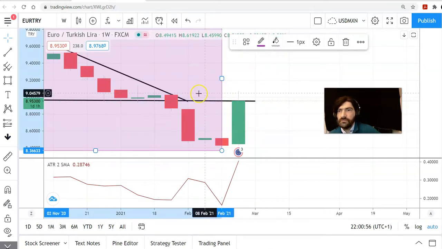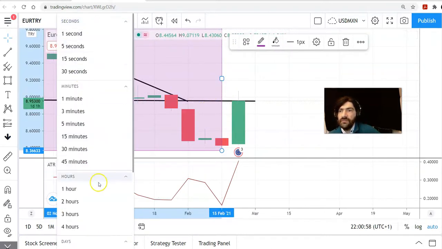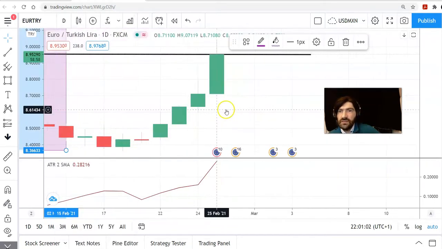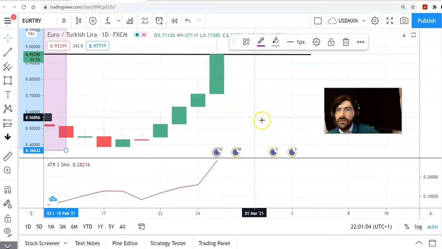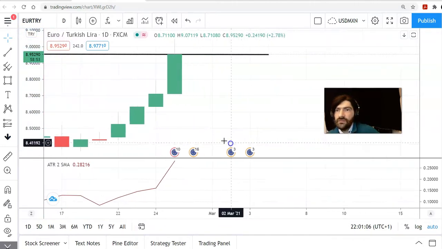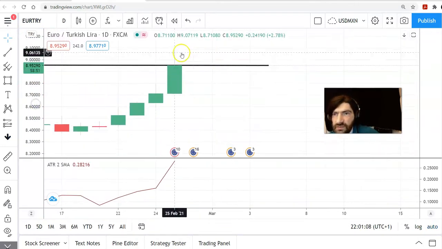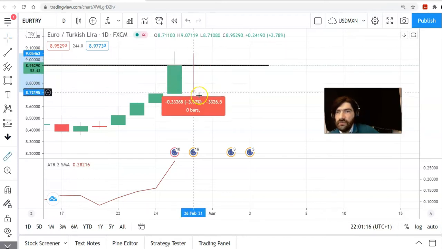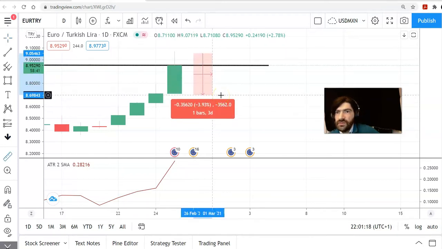What's actually even more significant is if we just take this and push it to one side. If we look at the daily again, we've got something here that's pretty significant, and that's the size of the wick here. So let's have a look at this for a second. You'll see the size of that wick. So if we measure this again, we'll see that that's the size of today's move, as I said, 3,525, let's say.